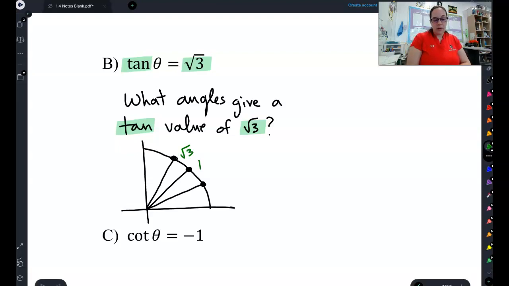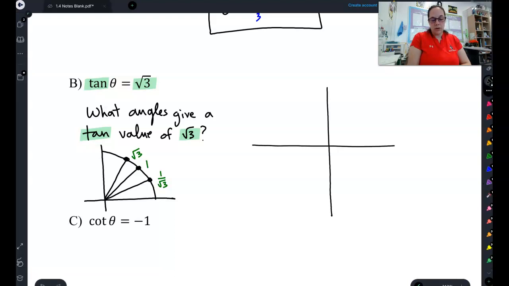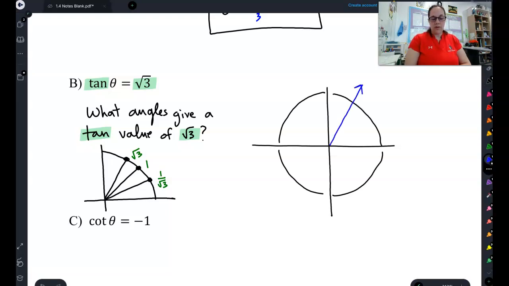The one in the middle is 1, and the one down below is 1 over root 3. They start bigger, and then they get smaller as you go down. So that's one way to think of the tangent values. So if I want to know where on my unit circle I have tan values of root 3, that's going to be this one.